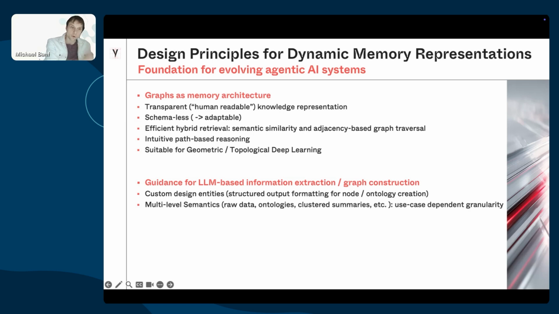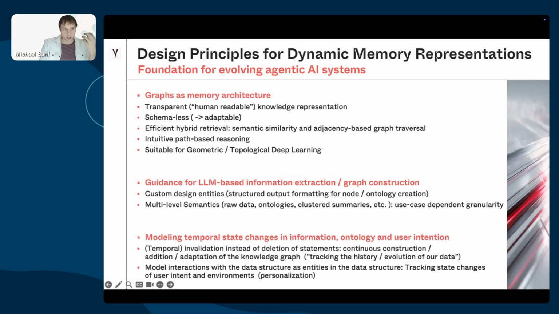So going from raw data over various types of ontologies, over clusters, or, as I mentioned, integrating methods from geometric and topological deep learning, potentially building hyperedges that represent certain types of information into the knowledge graph, and making use of the plethora of methods available here. It's use-case-dependent granularity, but that's the second principle.